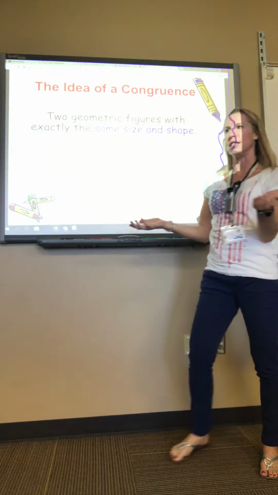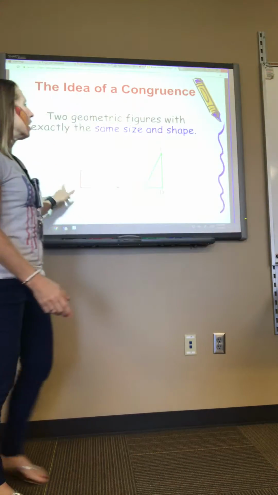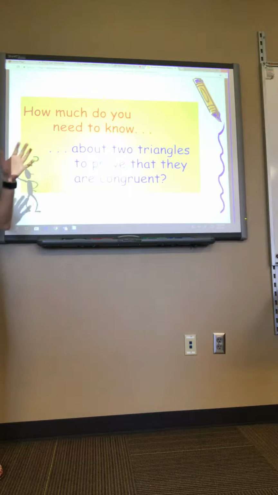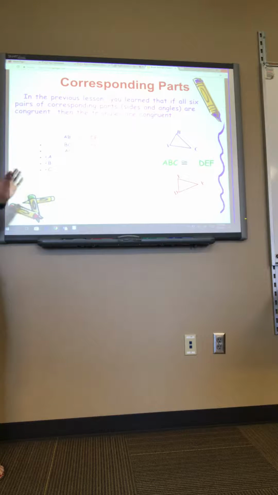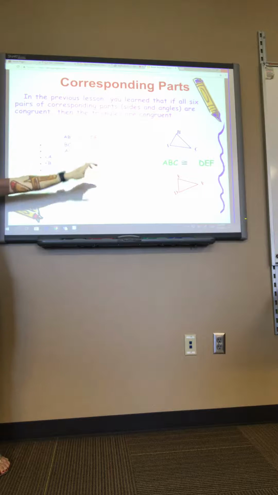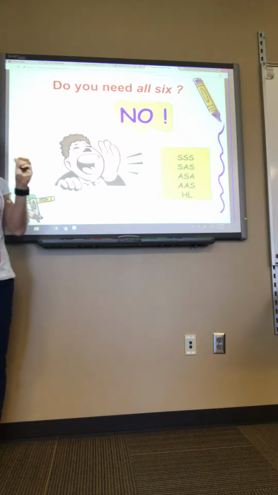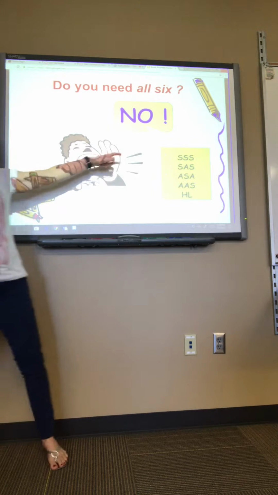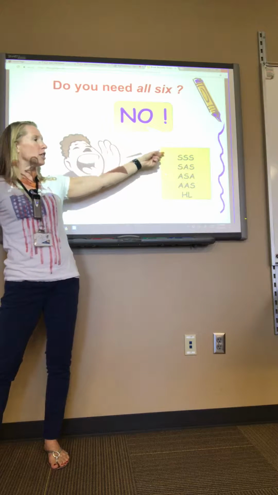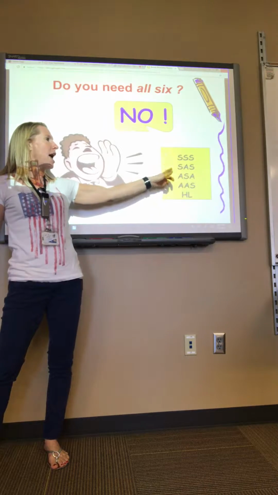Today, I'm going to make it a little easier for you. So, you actually don't have to have all 6 corresponding parts. You don't have to know all 3 sides and all 3 pairs of angles are congruent in order to say the triangles are congruent. We actually only need a certain 3. So we're going to learn that you can prove triangles congruent by SSS, which stands for side, side, side.